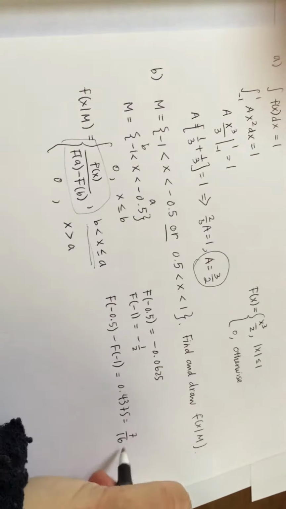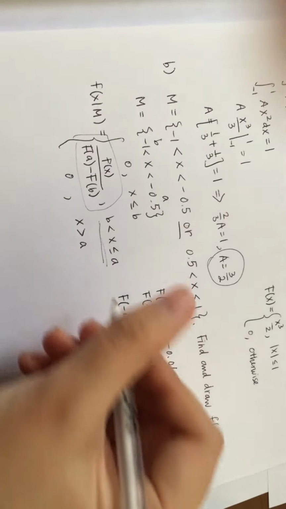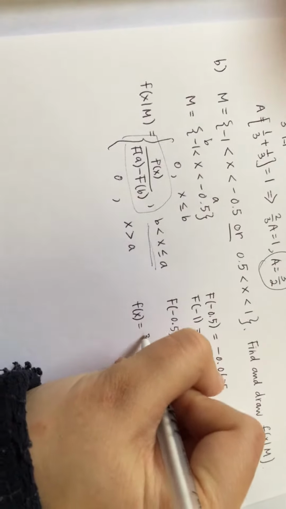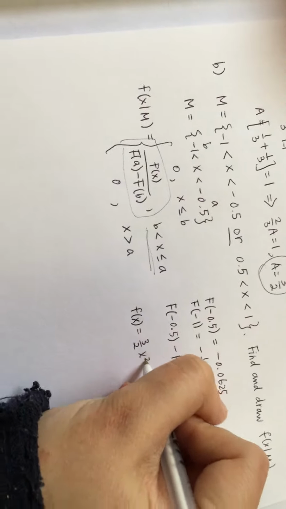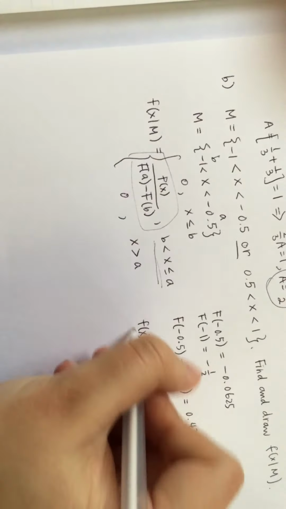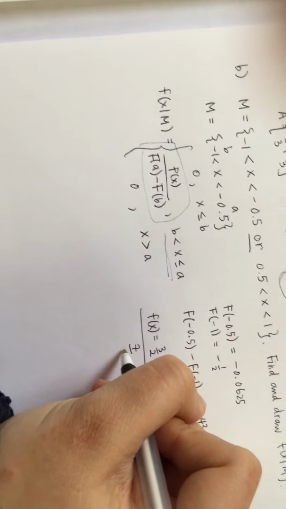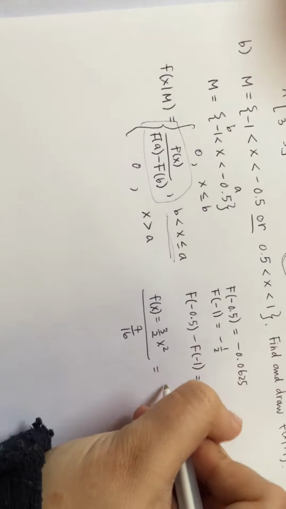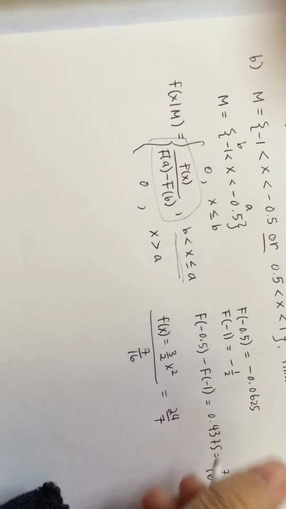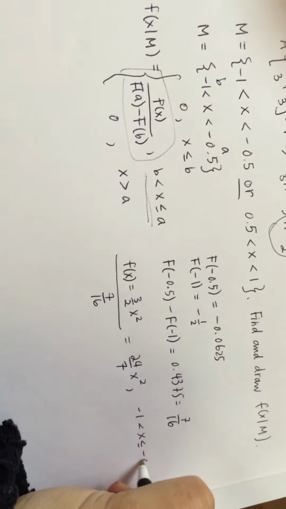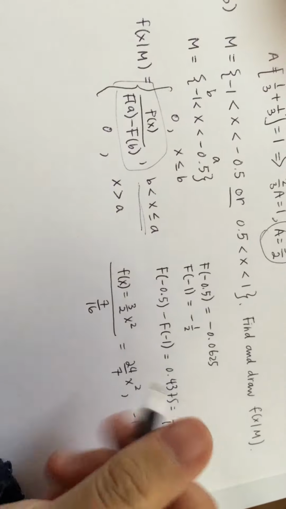And so when we put this into the density function, f of x is 3/2 x squared over 7/16. We find that it's 24/7 x squared on the interval -1 to -0.5.